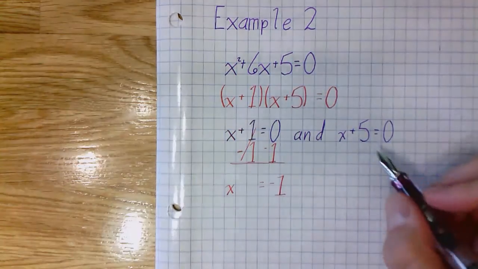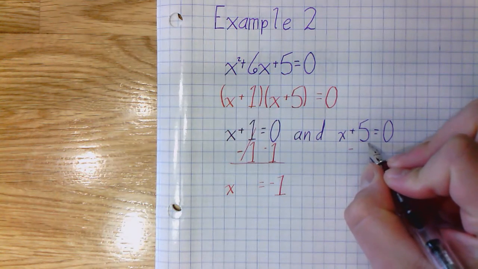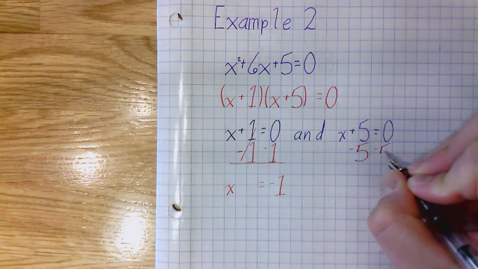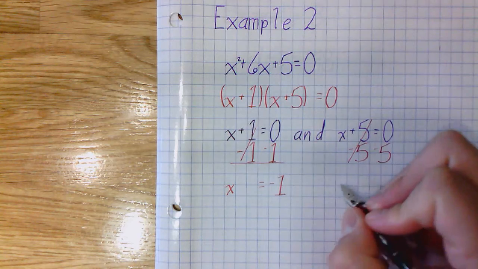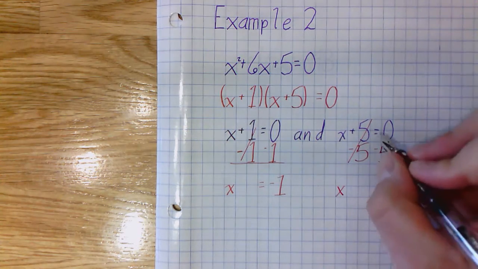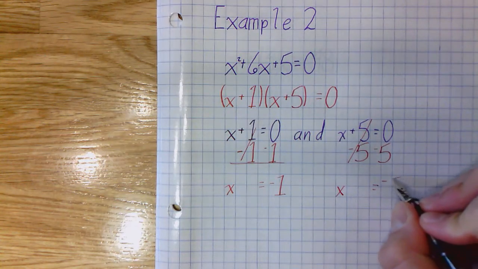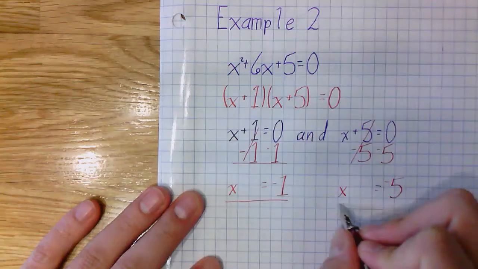Okay, over here, same thing. We want to get rid of our plus 5. So we're going to subtract 5 on both sides. So these cancel. So we bring down our x, we bring down our equals, and then 0 minus 5 is negative 5. And then these are your two answers.